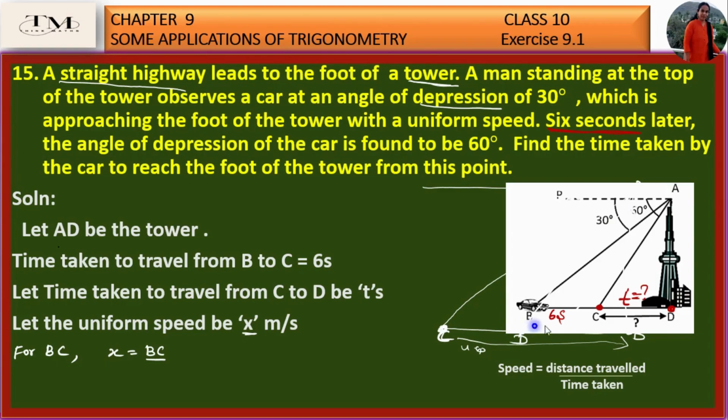For traveling from B to C, the time taken is 6 seconds. So after 6 seconds, the angle of depression is 60 degrees. Okay children, now the time taken is 6. This means BC will be equal to 6x.